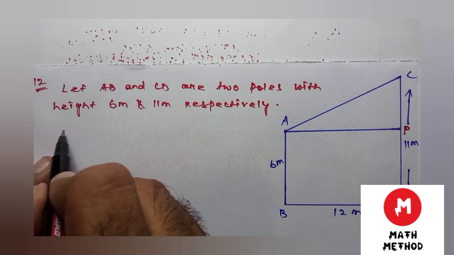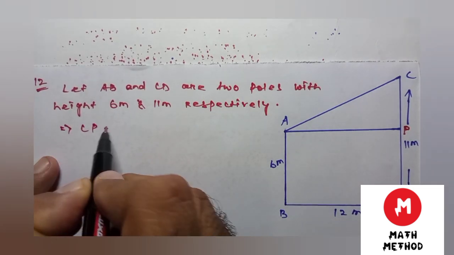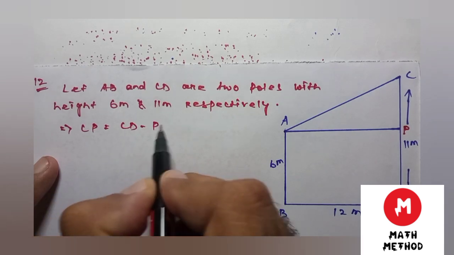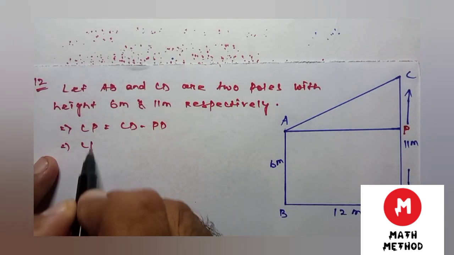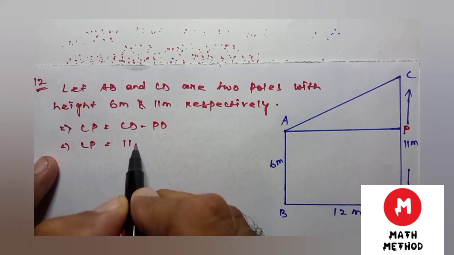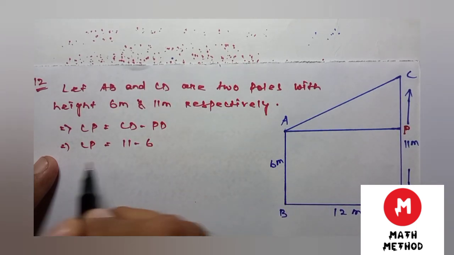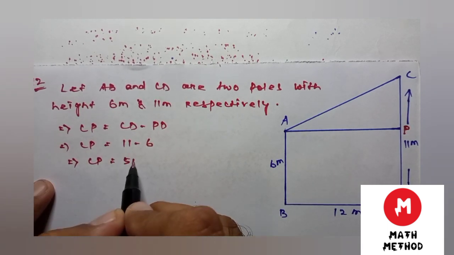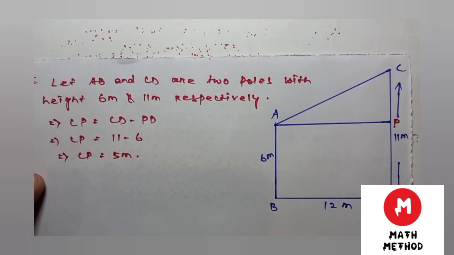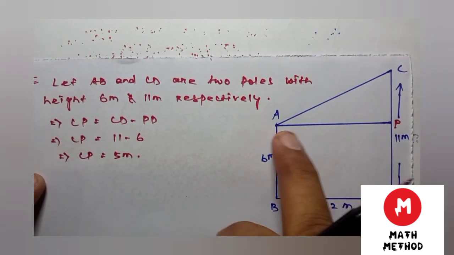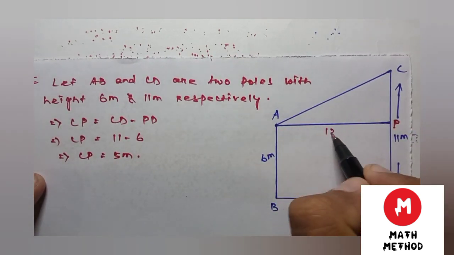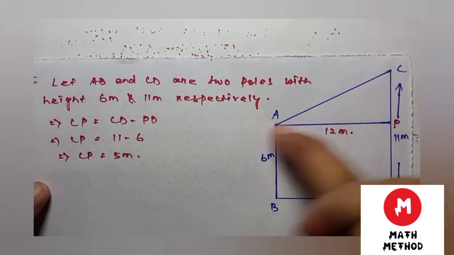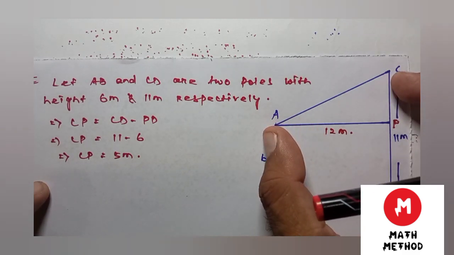So CP is equal to CD minus PD, which implies CP is equal to 11 minus 6, so CP is equal to 5 meters. So we found that CP is equal to 5. So here AP is also 12 meters. Clear? Now we will find AC, the distance between the tops of the two poles.